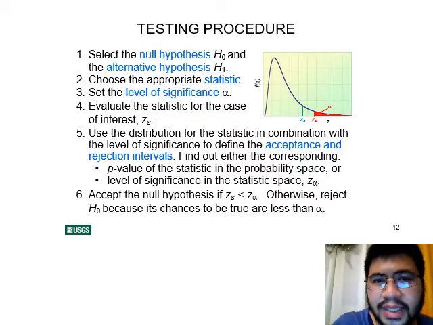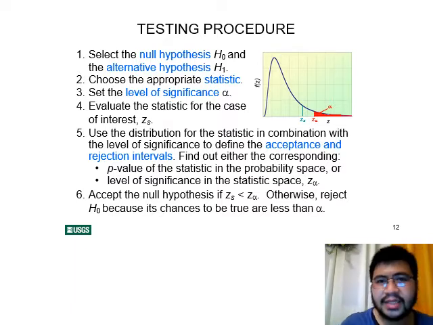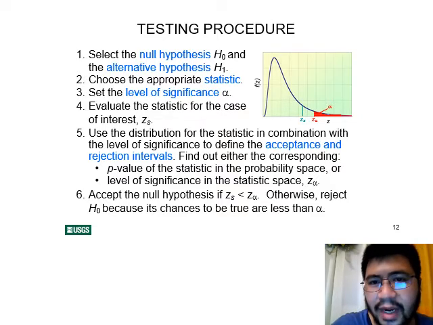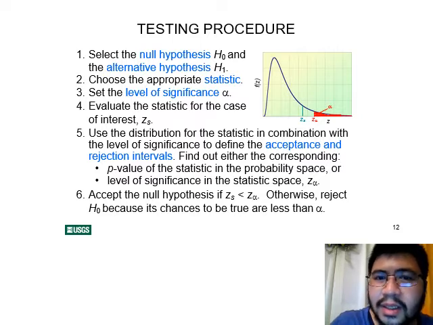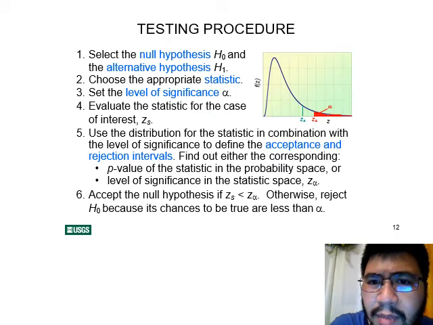Step two is to choose the appropriate statistic. This can be mean, variance, or distribution, depending on what we are comparing. And then three, we set the level of significance, or the alpha. Note again, the larger the value of the level of significance, the larger the chances of error.